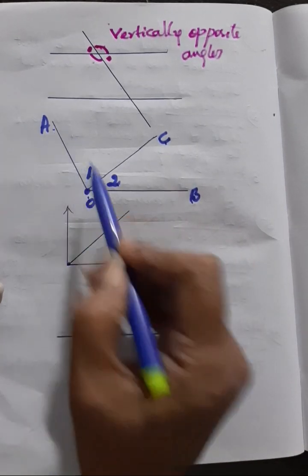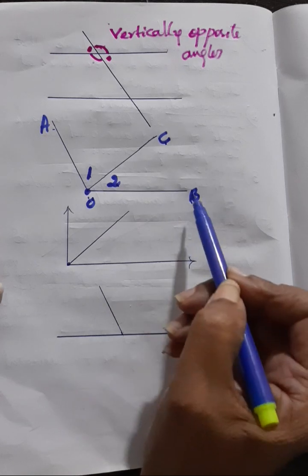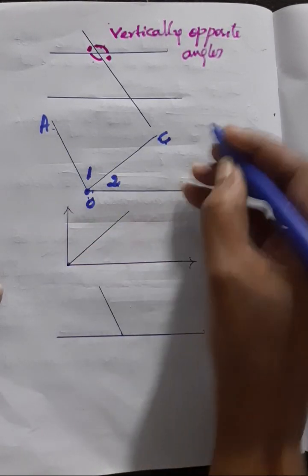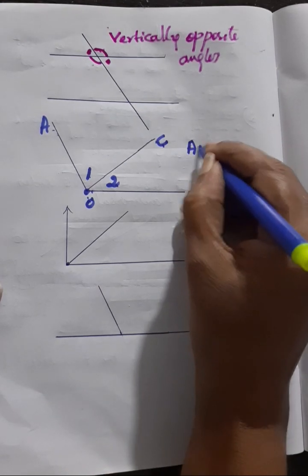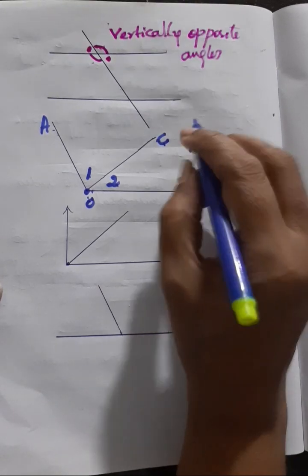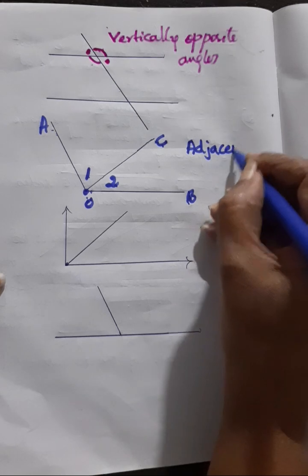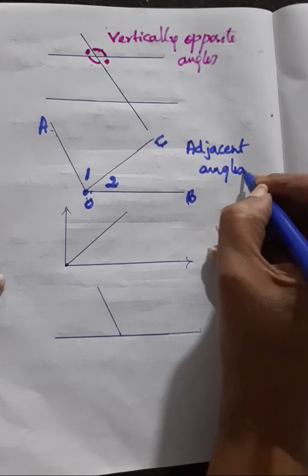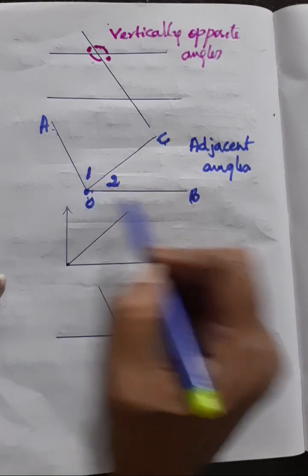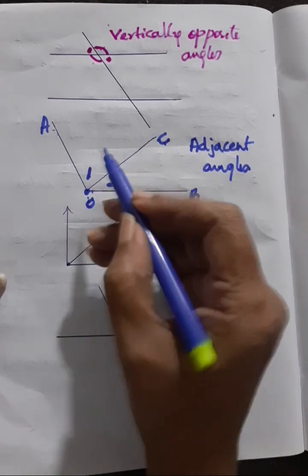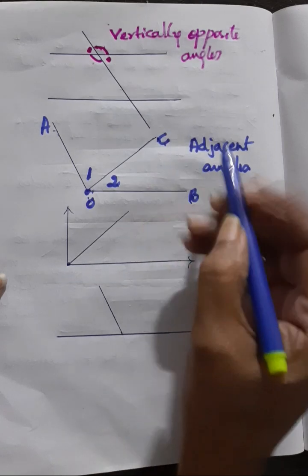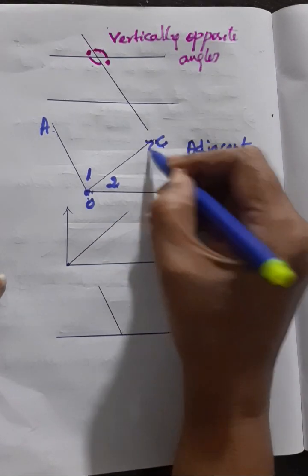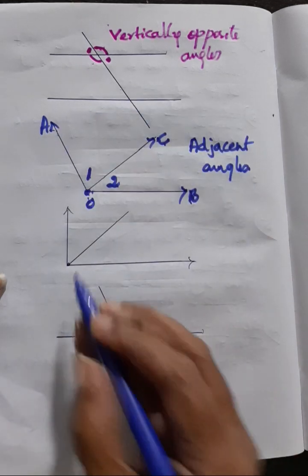So the adjacent angles of AOB are BOC and COA. So what are these? Adjacent angles. Understood? So the adjacent angles of AOB are AOC and BOC. Understood?